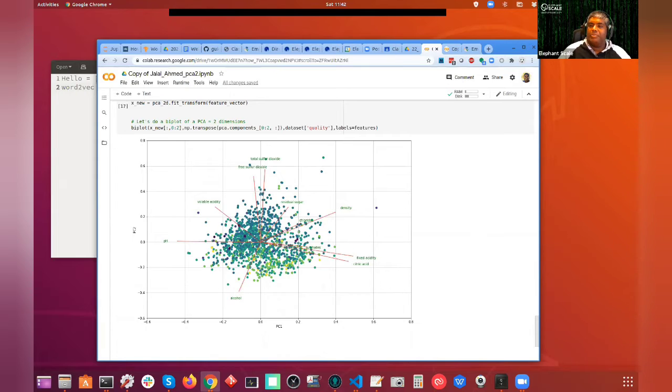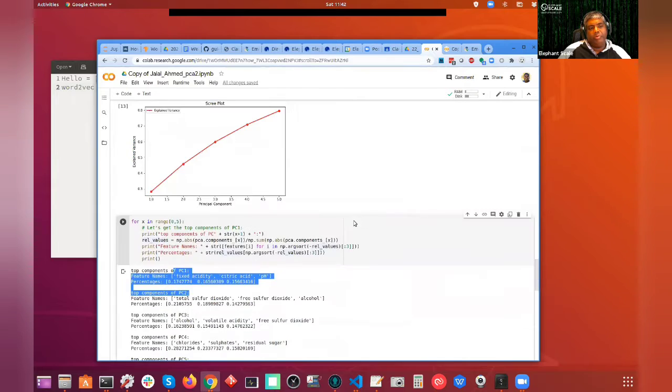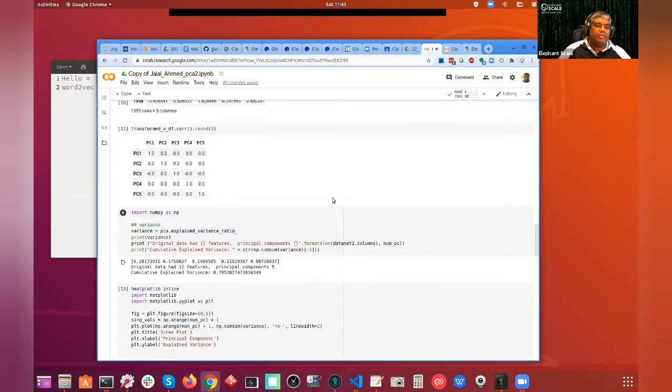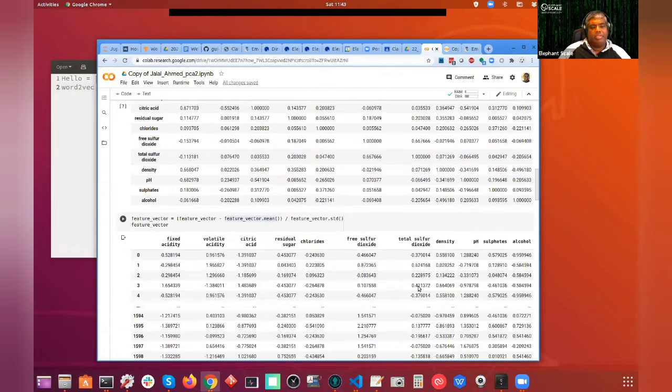Let me see any question in the chat. I'm looking at the question. I'm guessing what you're asking is about the way you're thinking about PC. Remember, you're completely changing how the data is represented. The original data is 11 dimensional, you have 11 columns.